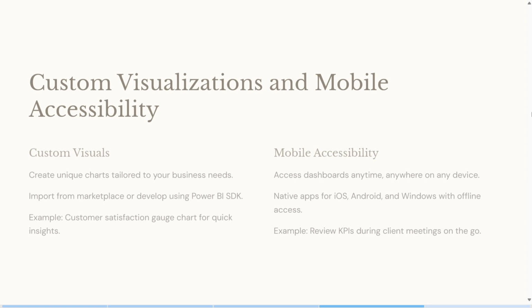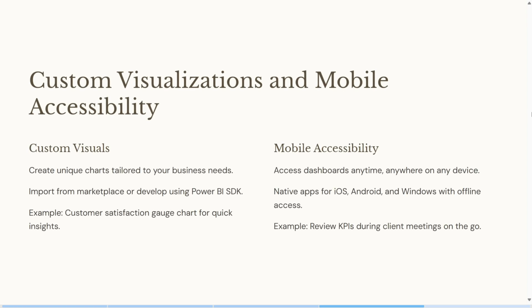This is fantastic. Also, you can customize your visuals. You can create unique charts tailored to your specific business needs, and you can import from the marketplace or develop your own using the Power BI SDK. For example, customer satisfaction gauge charts for quicker and more effective insights.